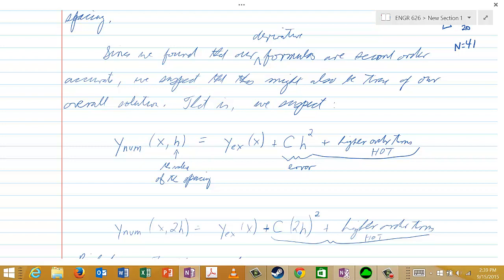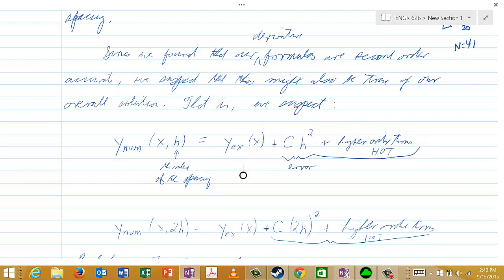We say that y numerical, y num of x and h, now that is supposed to denote the numerical solution at location x when the value of delta is equal to h. Okay, since this is second order accurate, that is going to be equal to yex.